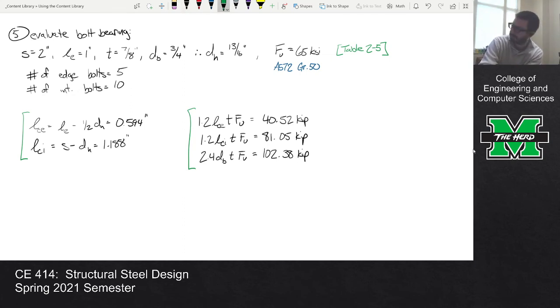Okay, all right. So RNE is the minimum of this and that, which is 40.52 kips. And then RNI is the minimum of that and that. So that is 81.05 kips.